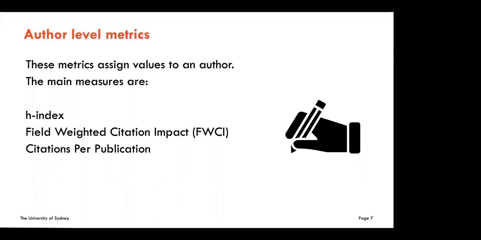Another measure for authors is the citations per publication. That's just an average of the citations across your total output. This one can be impacted by the fact that recently Scopus has started to include conference papers, and Web of Science has as well. An increasing amount of conference papers have been added in the last 6 to 12 months, I've been noticing.